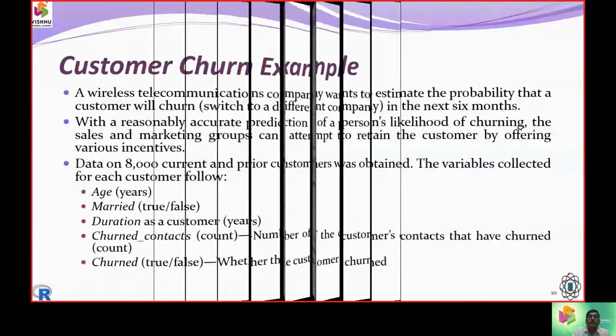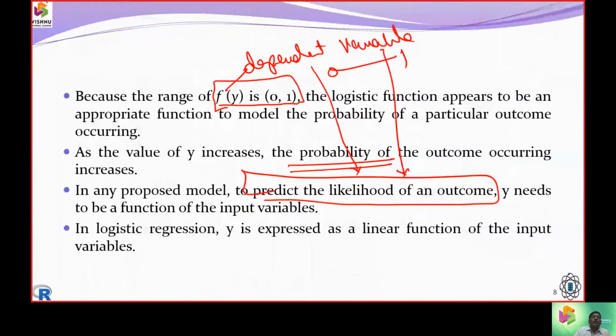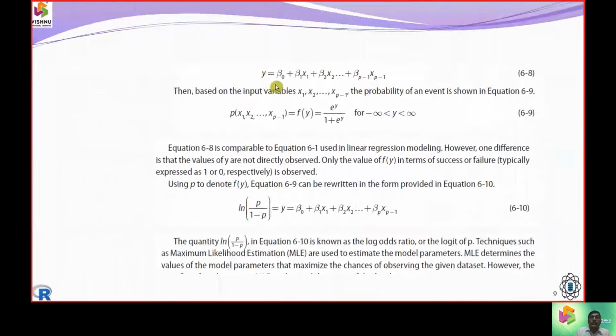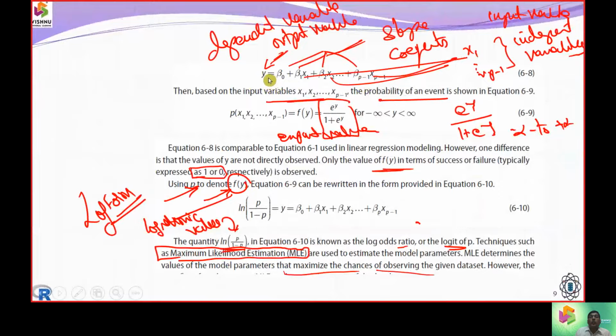We got those values from the equation. Y is a dependent variable. We have beta naught, beta 1. These will be the coefficients, the slope and intercept. For that, we are going to use an f of x function.